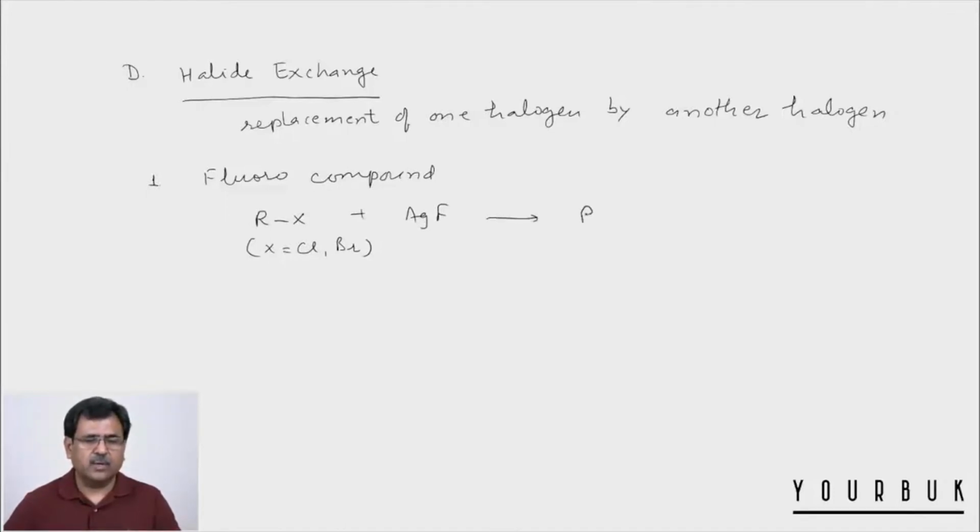It gives a fluoroalkane and the side product is AgX. Now this method of preparing fluoroalkanes from chloro or bromoalkanes is known as the Swarts reaction.